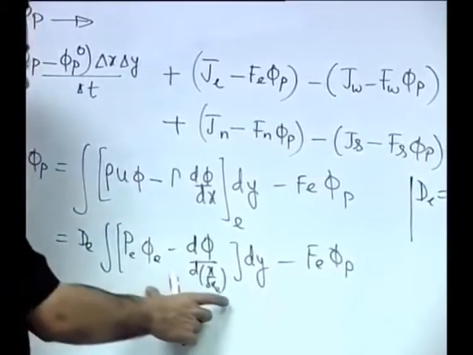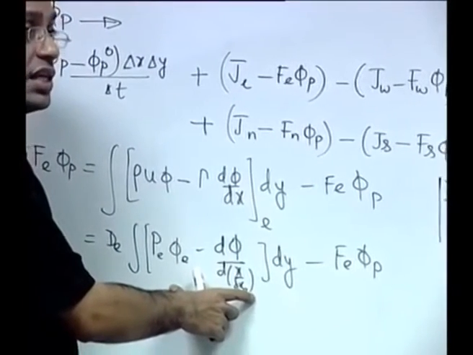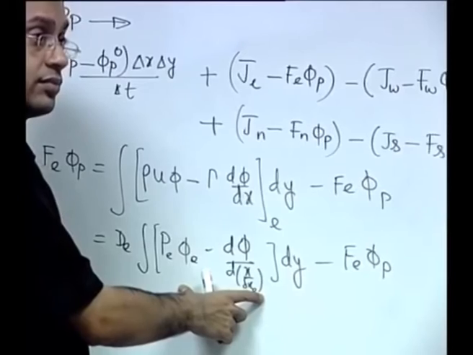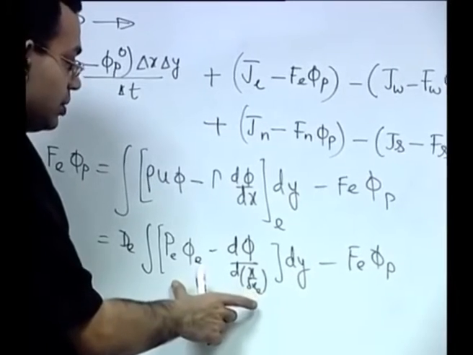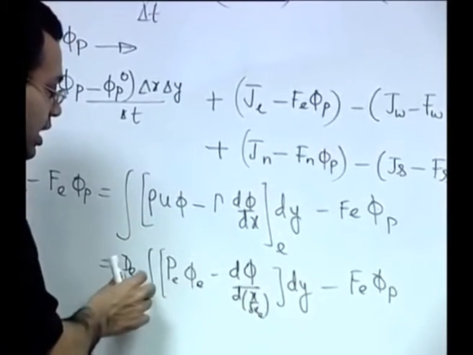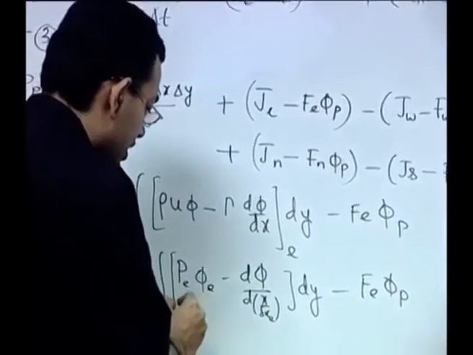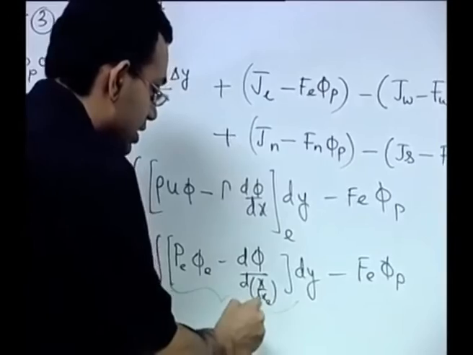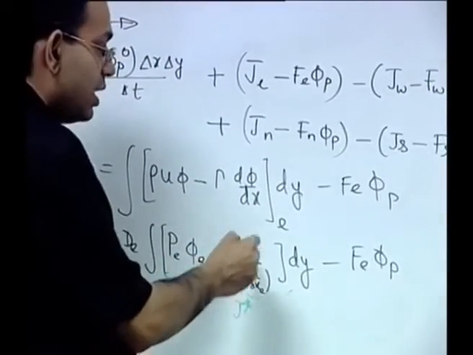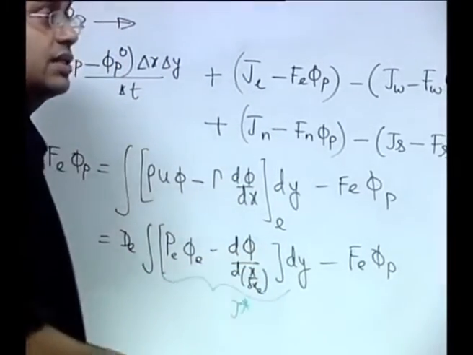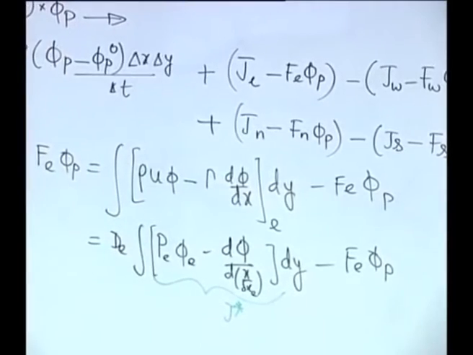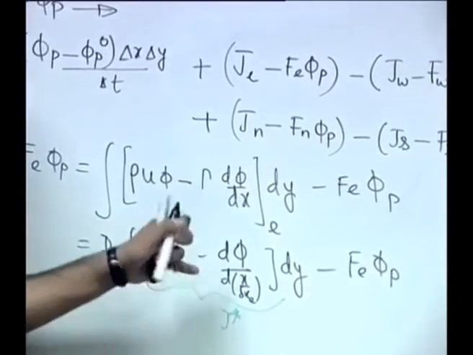See, this is nothing but the J star. So, this part is nothing but the J star, the non-dimensional J, P phi minus d phi by d non-dimensional x. This we defined as J star or a non-dimensional J.